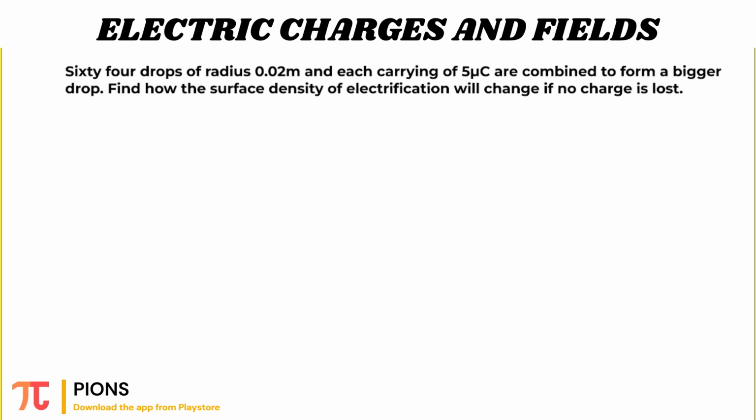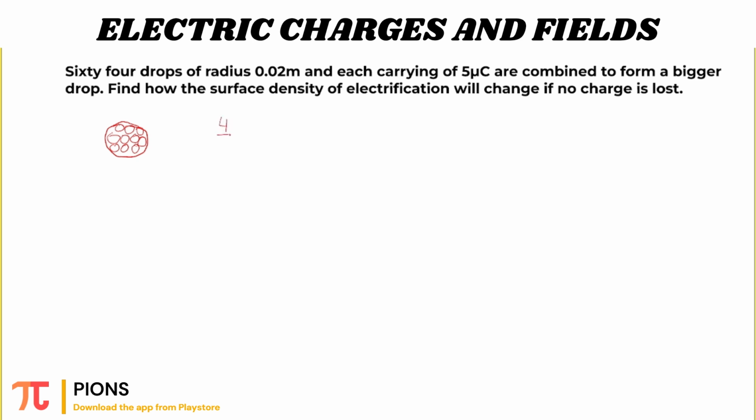Okay, so first of all, let's find the relation between the radii of the bigger one and the smaller one. Let's imagine that 64 such small drops are combined together to form a big drop. Then the volume of the smaller drop will be 4 by 3 pi r cube, right?